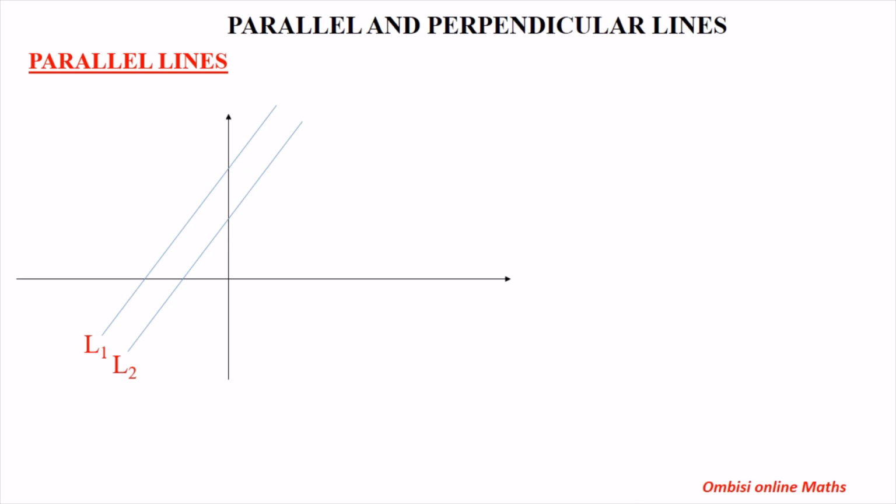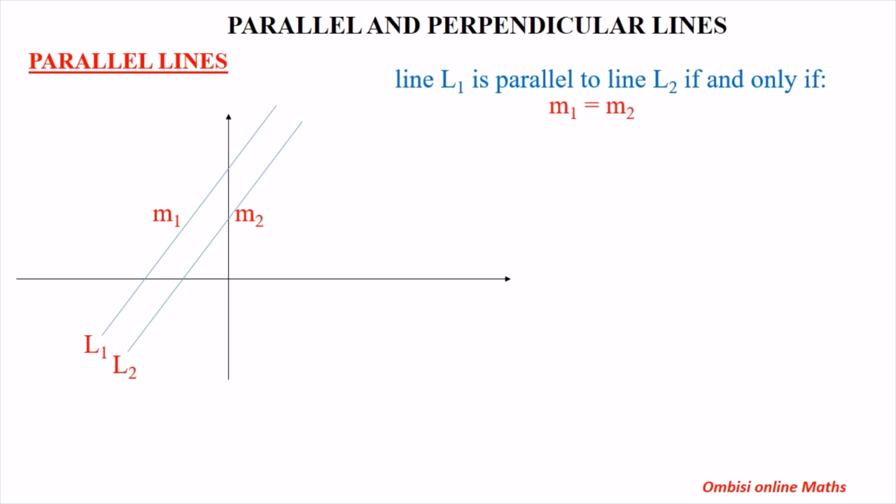The gradient of line 1 is m1, and the gradient of line 2 is m2. Line L1 is parallel to line L2 if and only if m1 equals m2. These two lines must have the same gradient for them to be parallel.